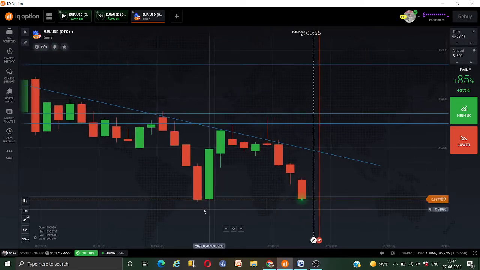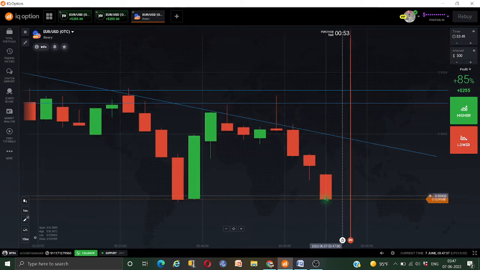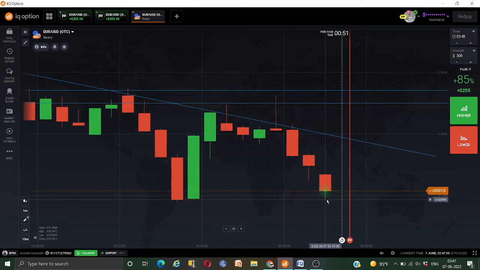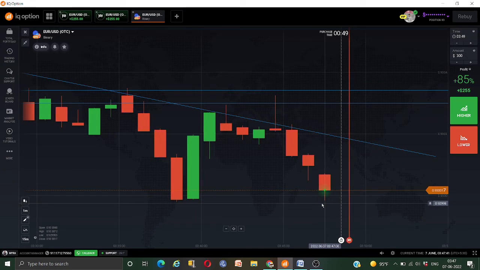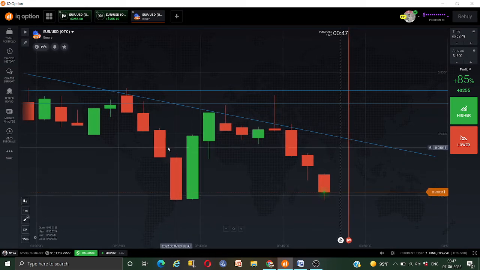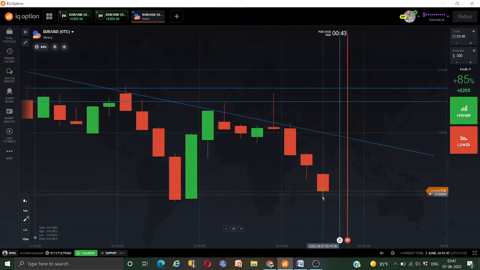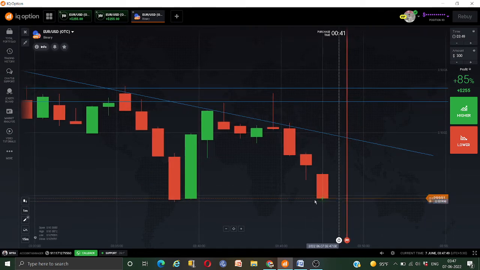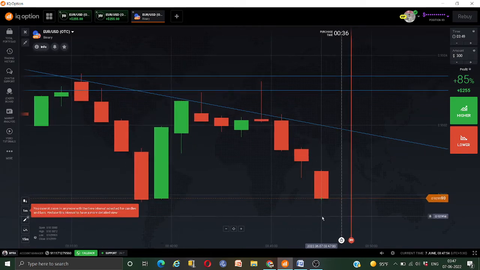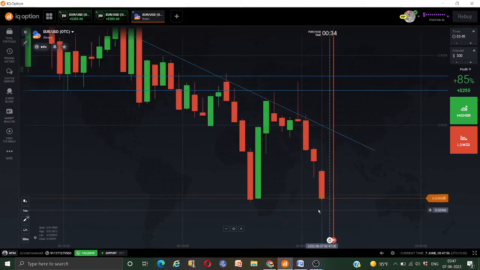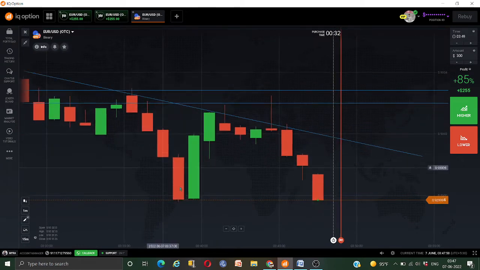At this point again, you can find a rejection from the buyers in this candle, but we don't know how strong the buyers are, because this is a very strong bias. If we find some rejections along with a suitable entry point, we can go, because this is resistance and a strong candle.